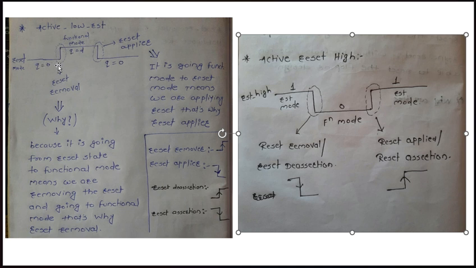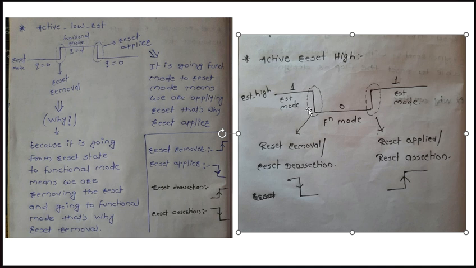When we go from 0 to 1 in active low reset, it is called reset deassertion, and whenever we go from 1 to 0, it is called reset assertion, because we are asserting the reset.